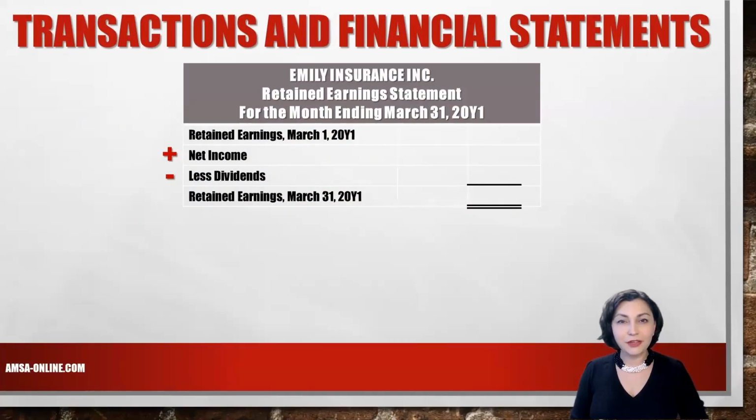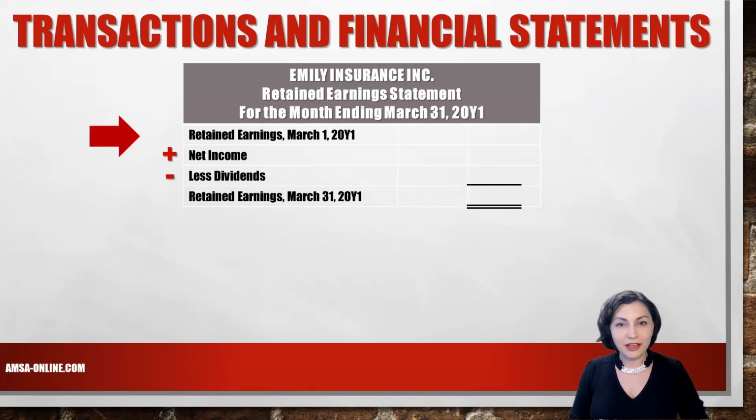Retained earnings are the portion of a corporation's net income that is retained in the business. A corporation may retain all of its net income for expanding operations or pay a portion or all of its net income as dividends. The retained earnings calculation or formula is quite simple.